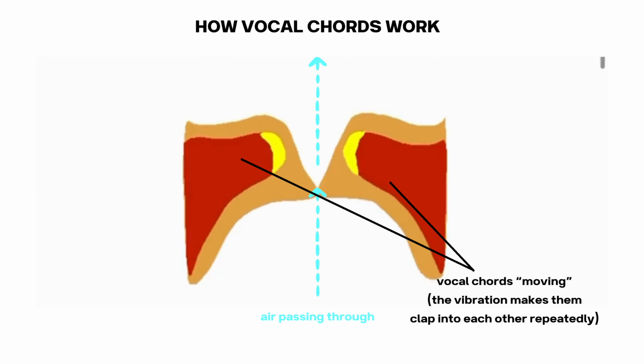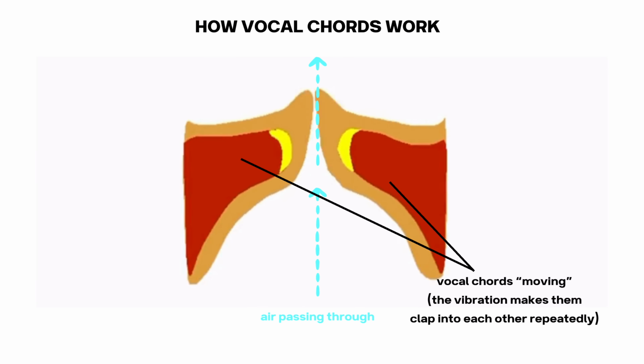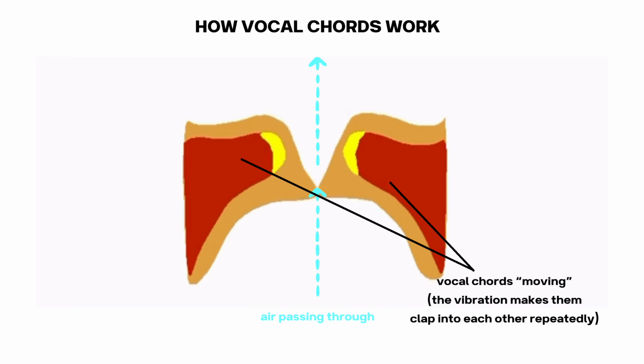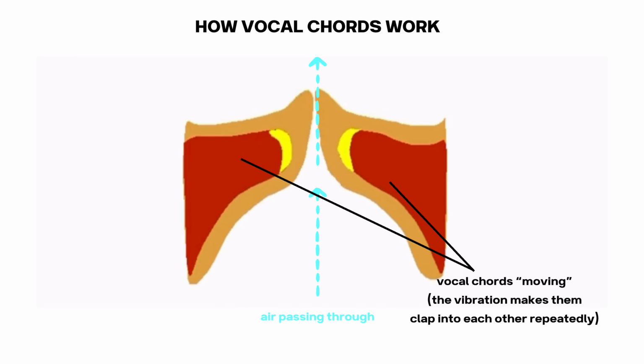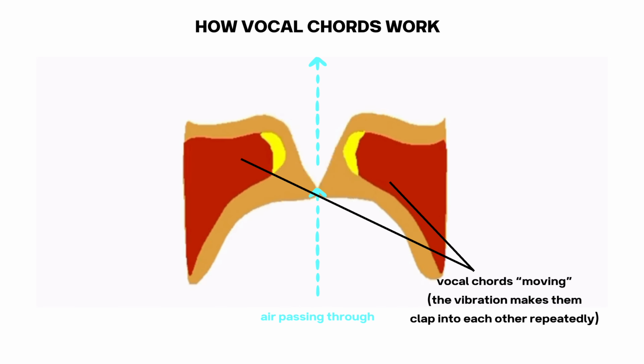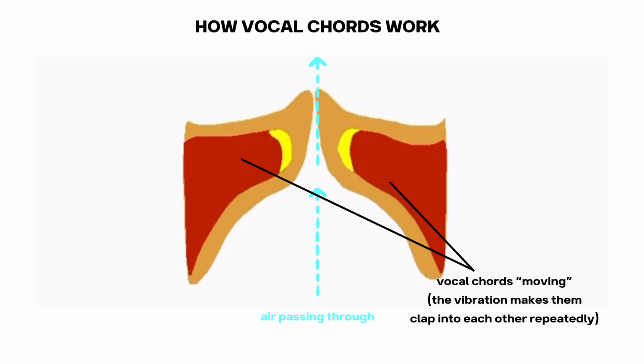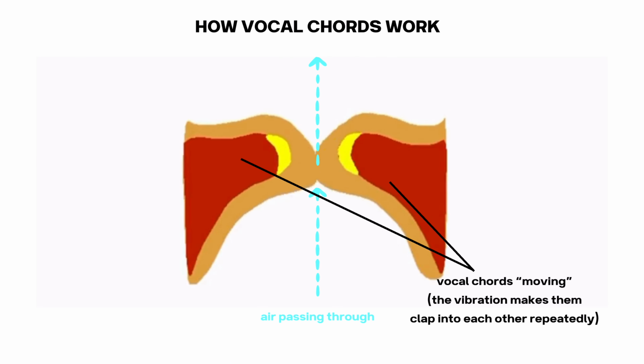Even when you speak, your vocal cords touch each other repeatedly. They are said to vibrate, and what we have in mind is a tremor, but really what happens is these muscles repeatedly touch each other as air moves through them, hence why you produce a sound. If your vocal cords don't touch, nothing you say can be heard.